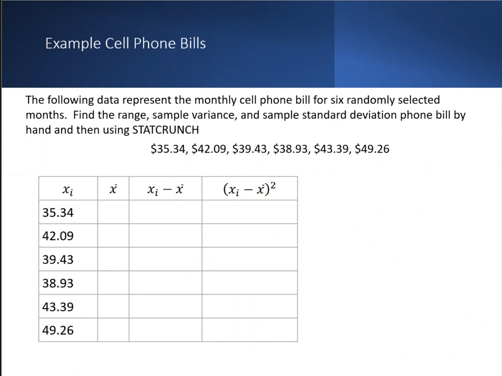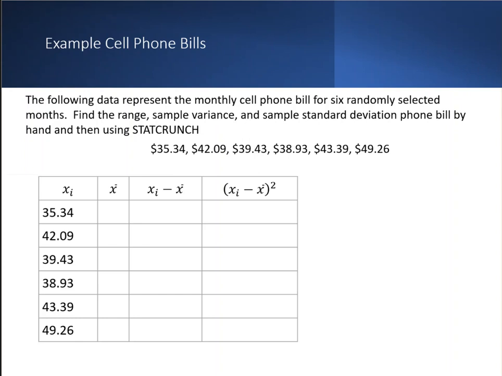So in this example, I have 6 cell phone bills that were randomly selected from several months, and I want to find those 3 measures of dispersion: the range, the sample variance, and the sample standard deviation by hand first, and then we'll figure out how to do it using StatCrunch.